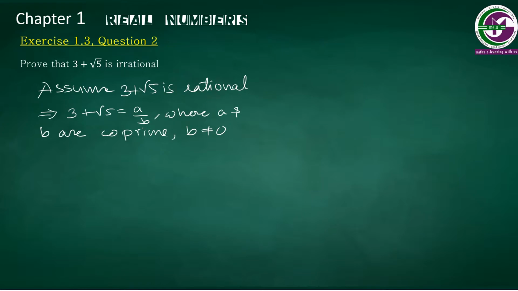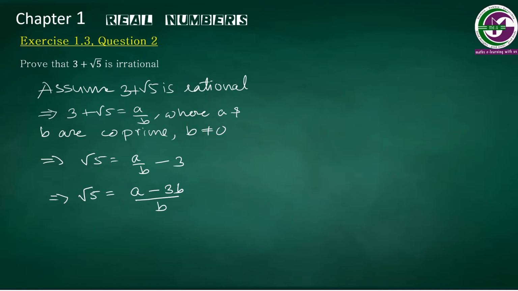Now subtracting 3 on both sides, we get root 5 equals a by b minus 3. Simplifying the right side, root 5 equals a minus 3b divided by b.